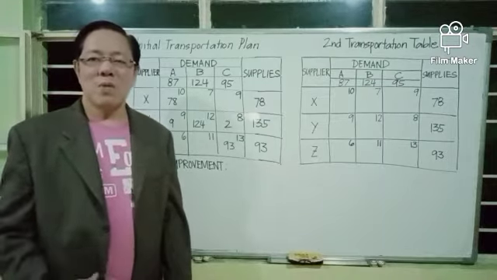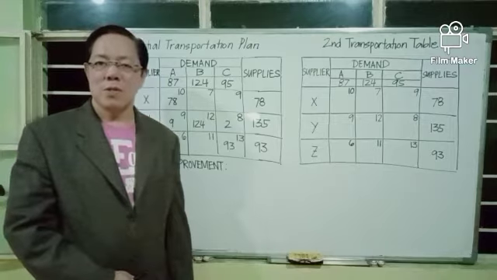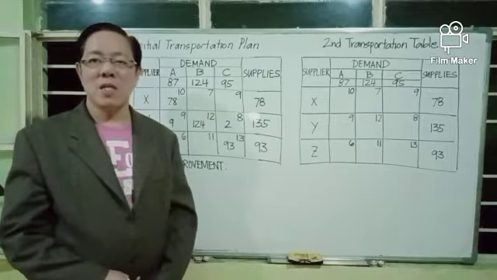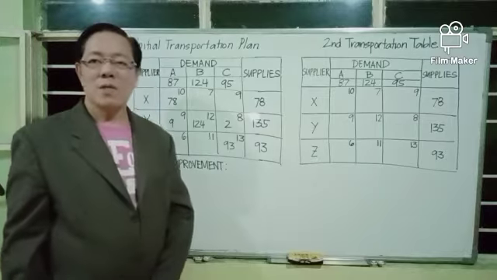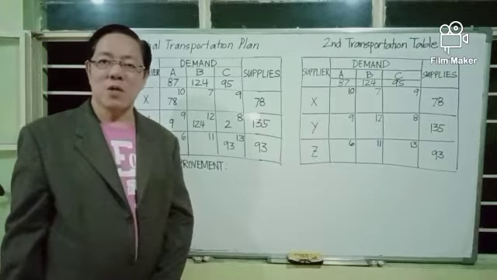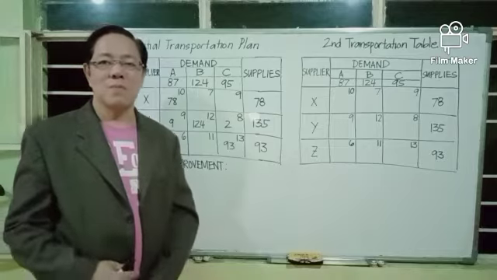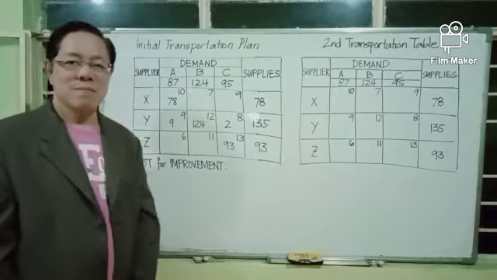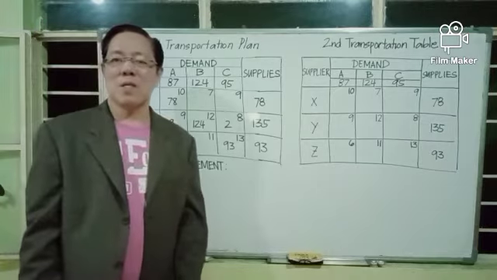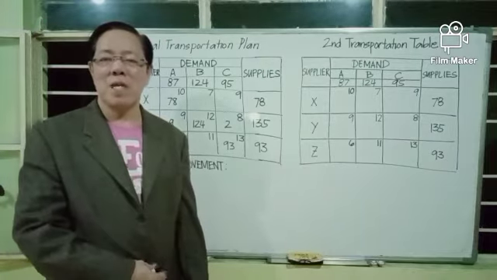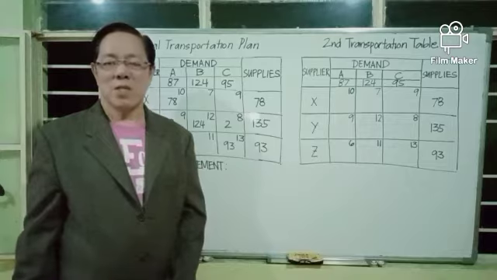Based on this initial transportation table, we developed the initial transportation plan. And we said that we will try to test or determine if we can lower the initial transportation costs in the initial distribution plan. Our objective in a transportation problem is to obtain the minimum transportation cost.